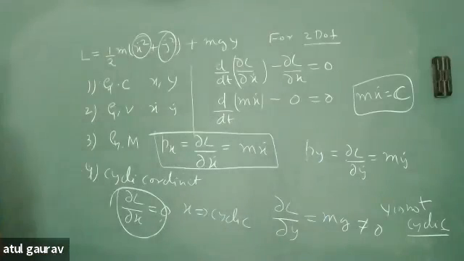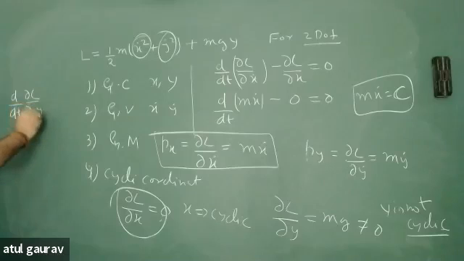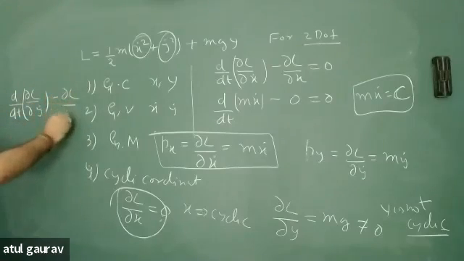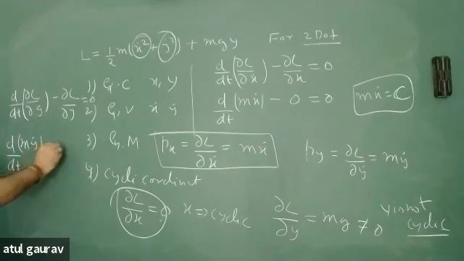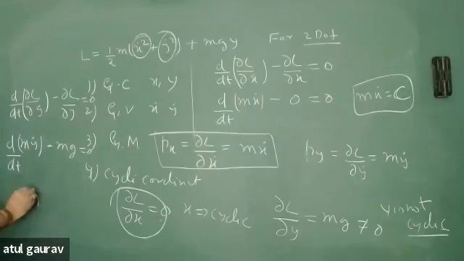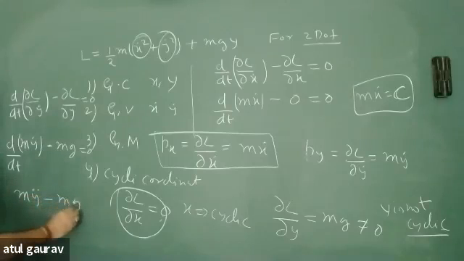Then you can go for the equation of motion for y. What is the equation of motion for y? D upon dt del L upon del y dot minus del L upon del y is equal to 0. When you solve this, you can write d upon dt m y dot minus mg must be equal to 0, and this will be m y double dot minus mg is equal to 0.